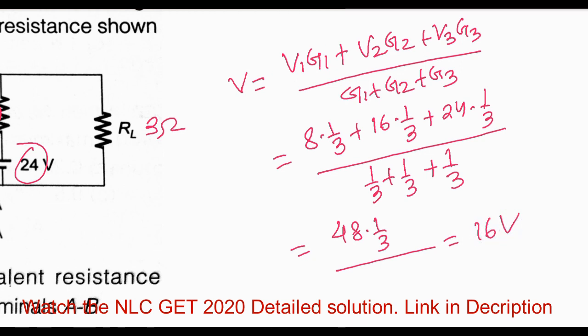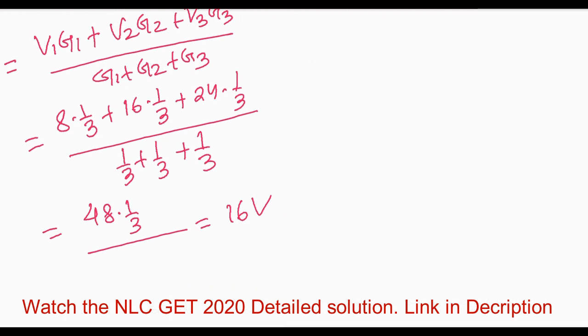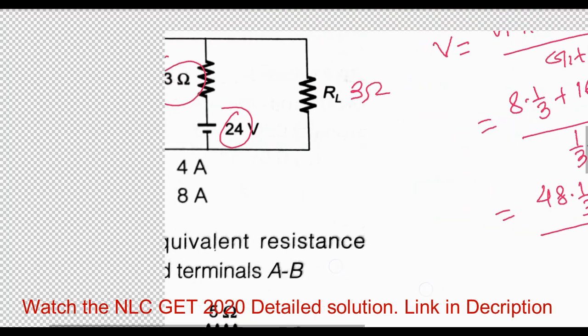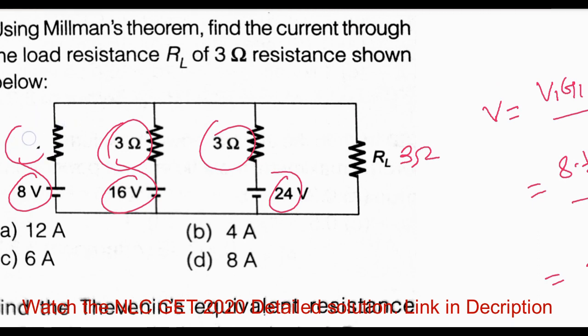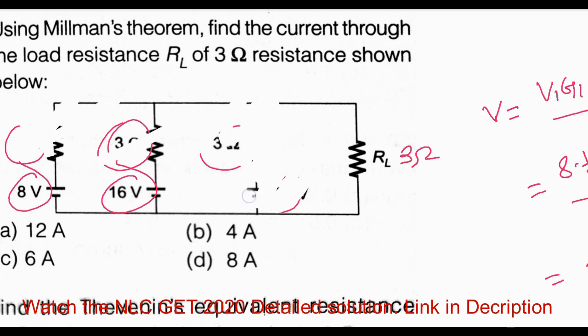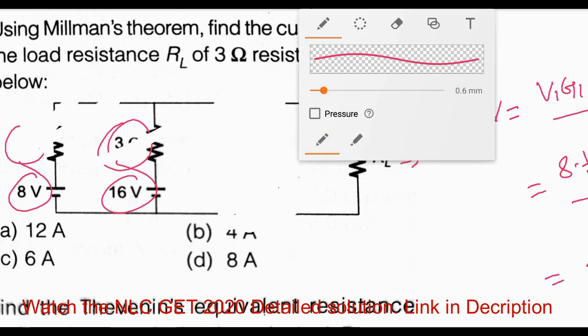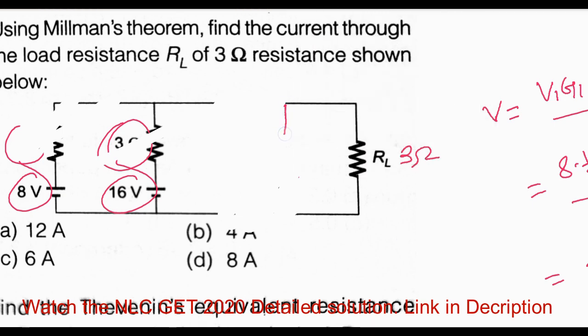As here the resultant voltage we are getting is 16 volt, and what will be the resultant resistance? Resultant resistance will be 1 by (G1 plus G2 plus G3). So this will be 1 ohm. So the equivalent will be like this. We can replace these things by only a resistor and a source.